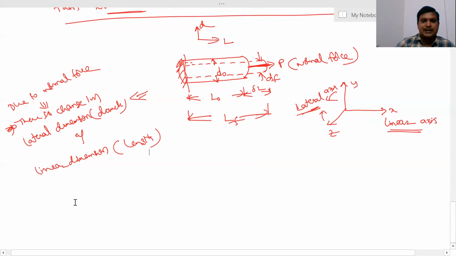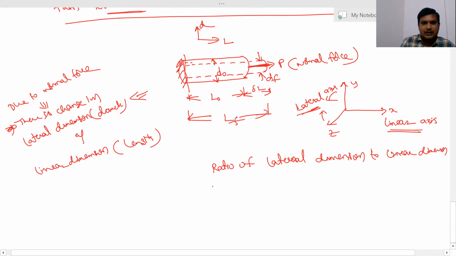Our new term is the ratio of lateral dimension to linear dimension, which is called Poisson's ratio.